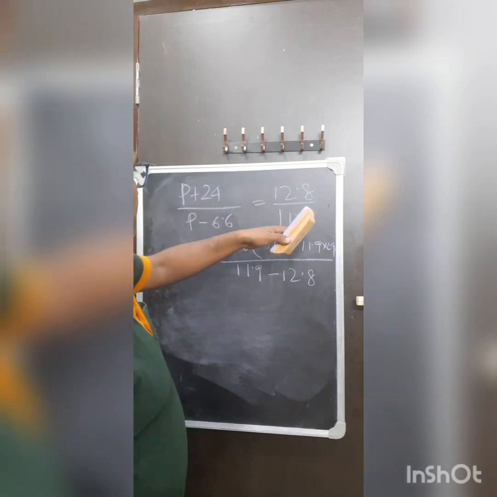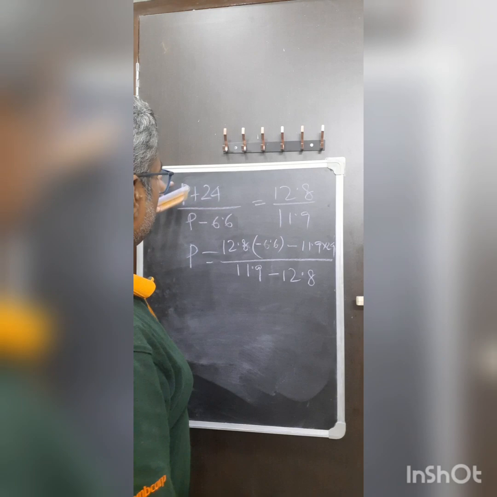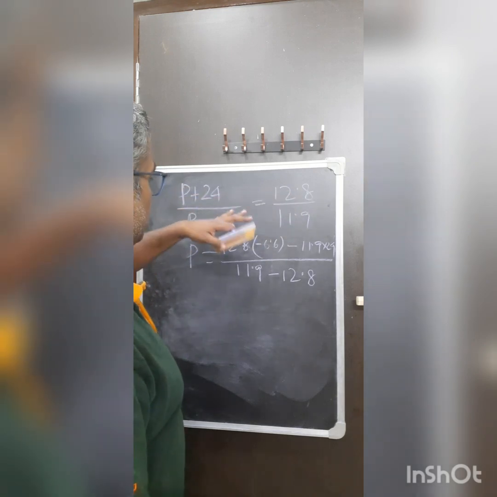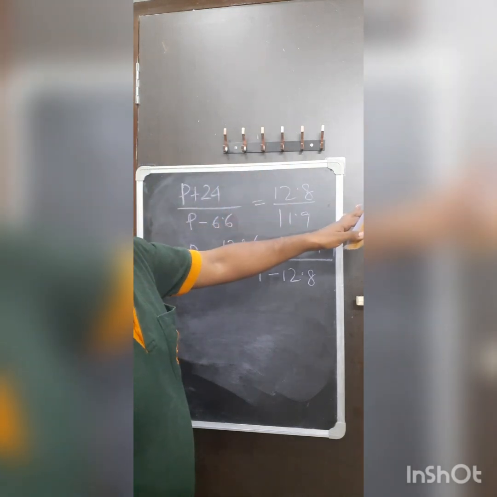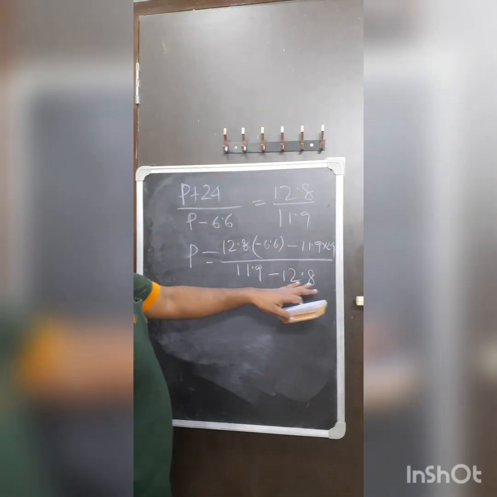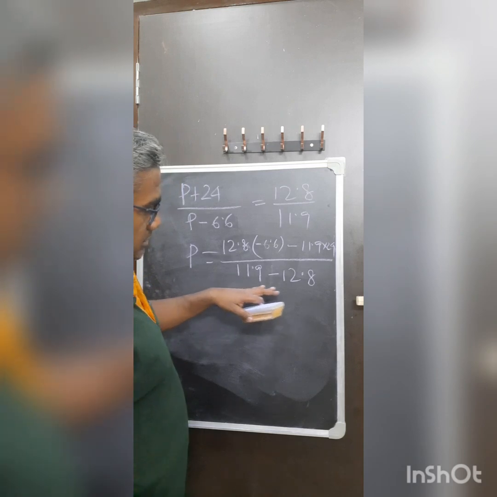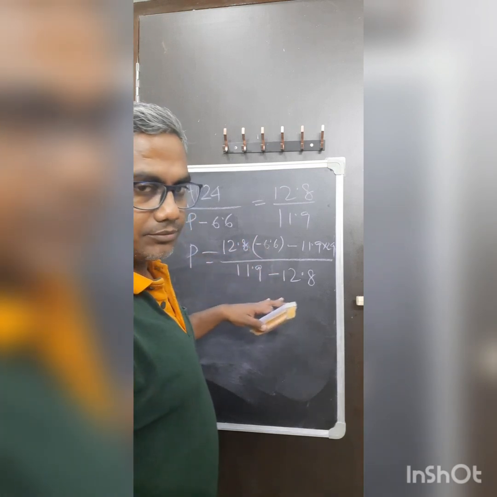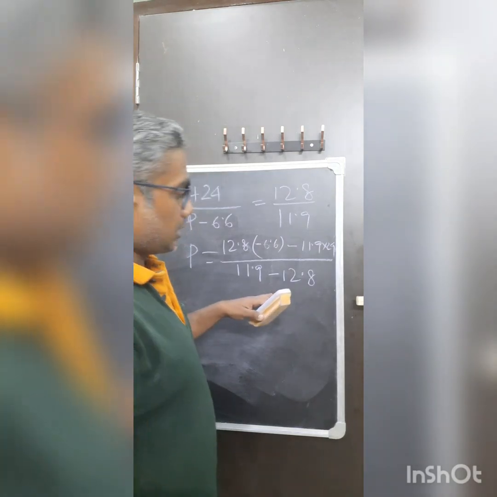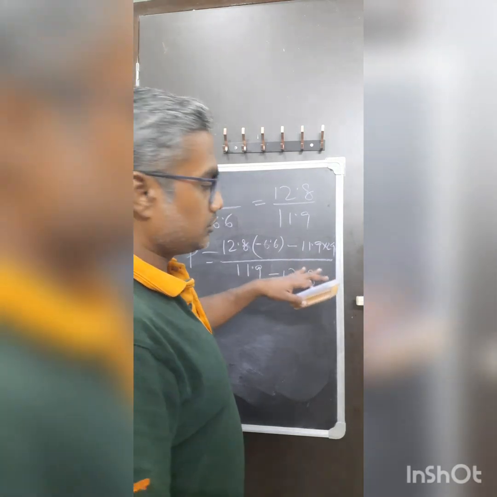You can calculate by the conventional method, by cross multiplication, separating the P on the left hand side and keeping all the constants on the right hand side. I am using a trick for single variable linear equations that I have not taught you yet, so I will show you someday.